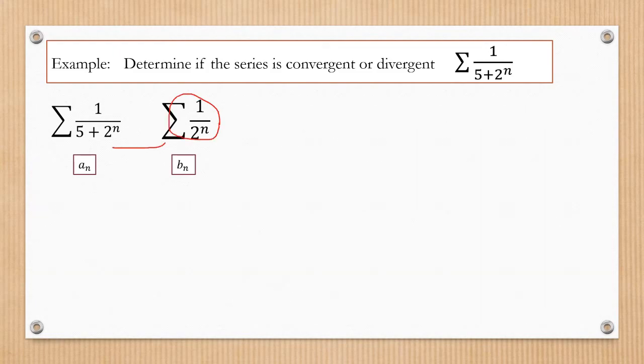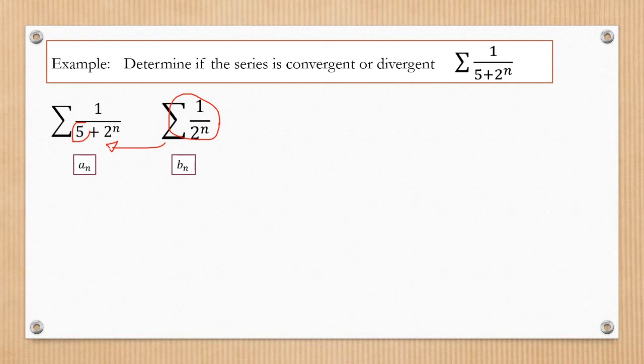In the limit comparison test, there's no condition whether An or Bn is greater than the other series. Since An is the first series, we assume that An is the given series, and Bn is the other series without the insignificant number.